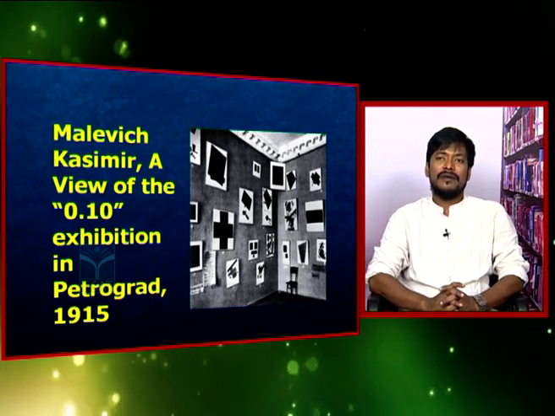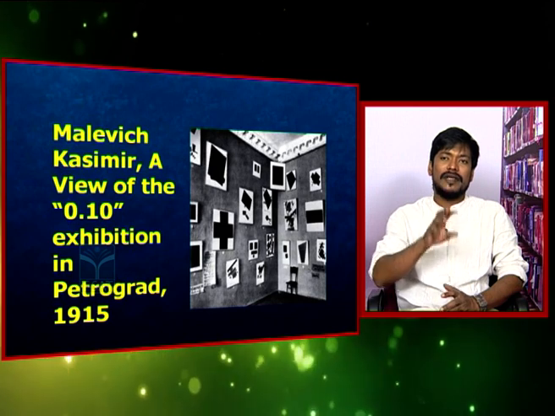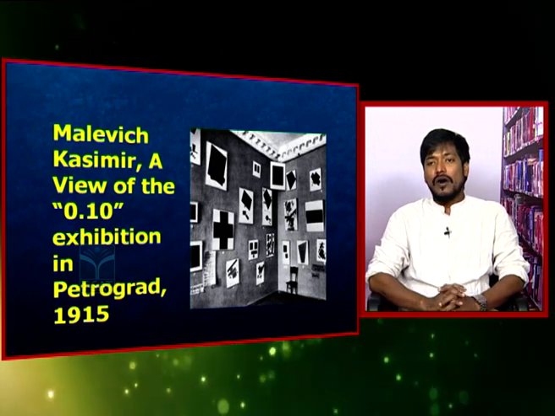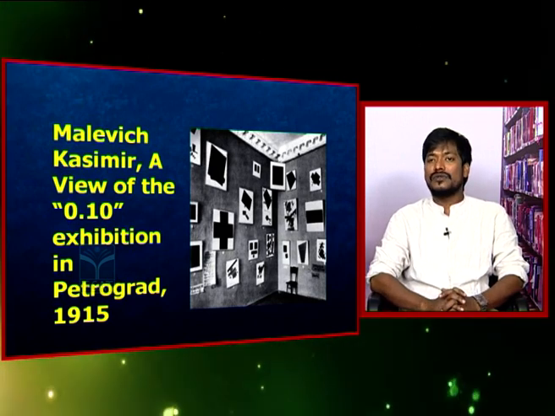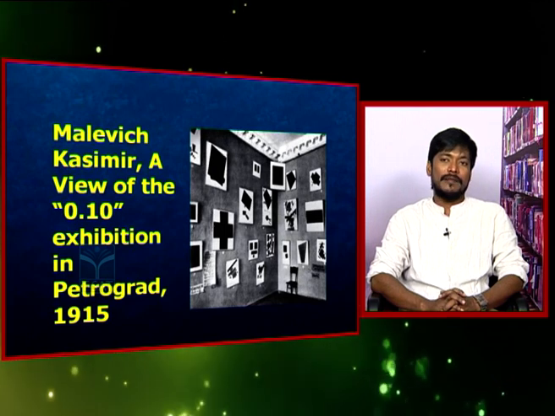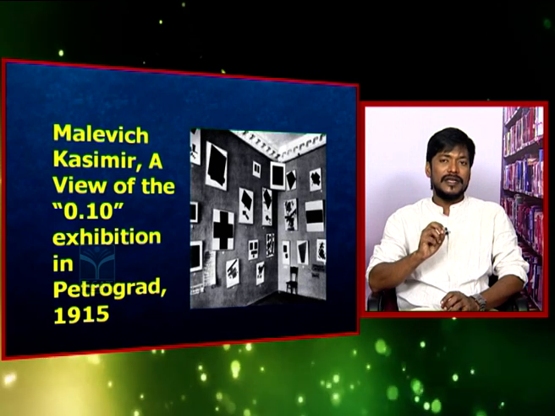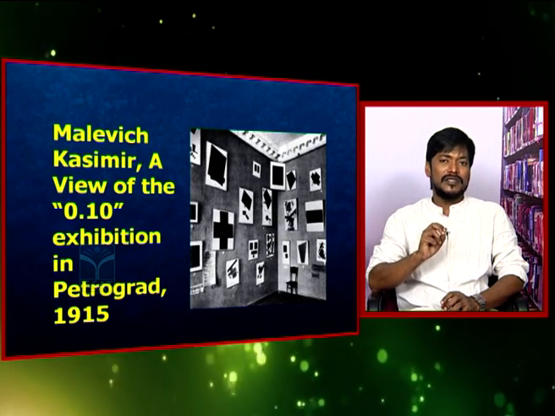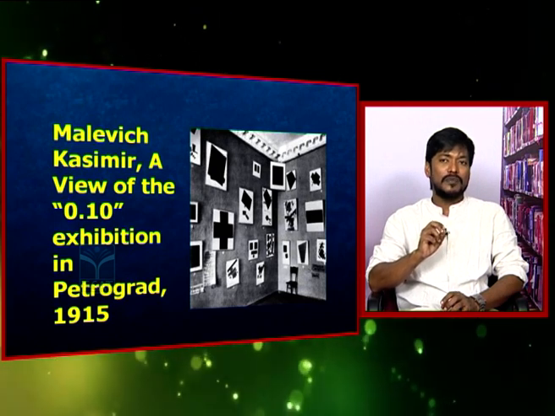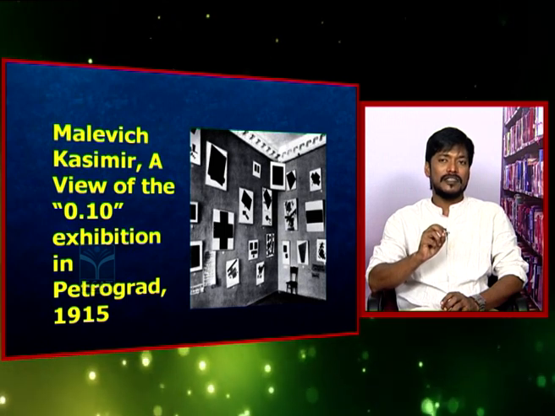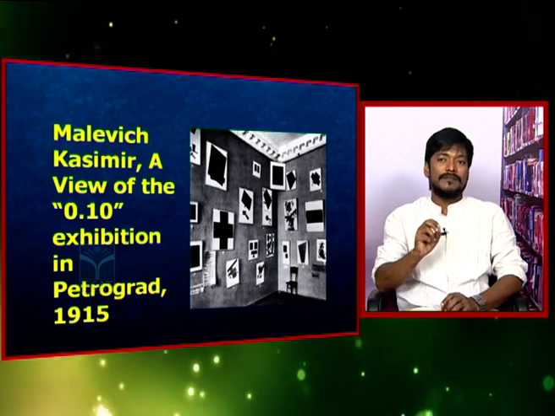And you have the black square placed in the corner. Corners were never used for displaying. Okay. It is only at this point, particularly in Russia, these artists were experimenting with different kinds of display activities.